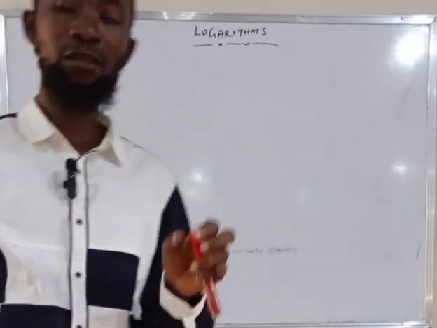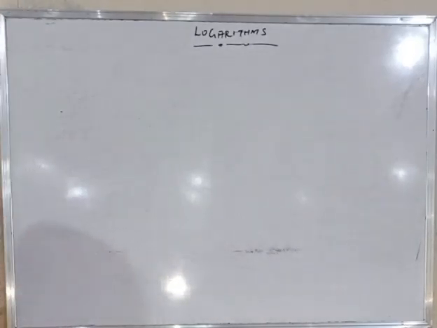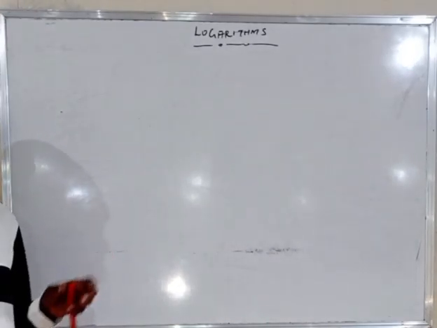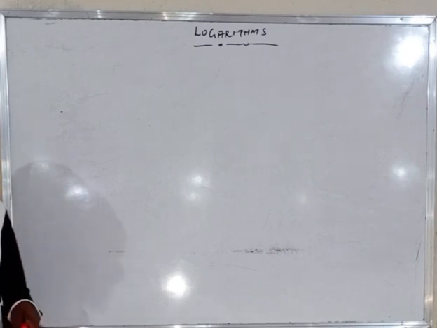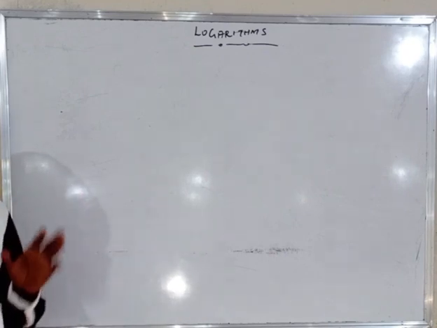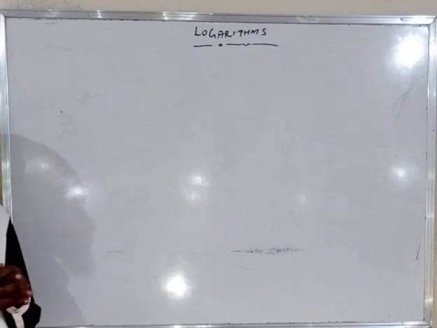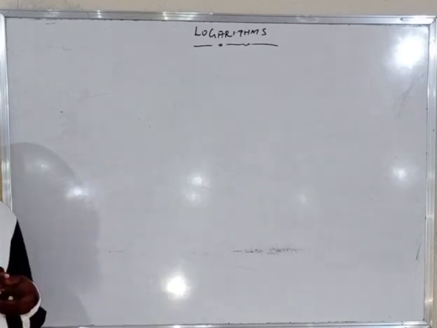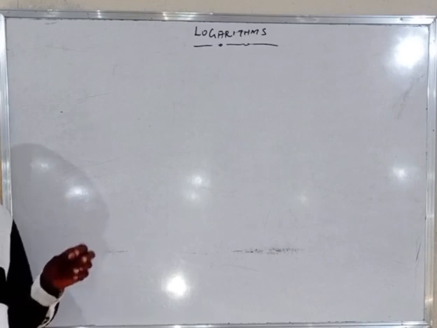Second part, logarithm of numbers less than 1. Third part is theory of logarithm. That one involves the use of law. Just like you learn some law in indices, we also apply some law in the last part of our logarithm.